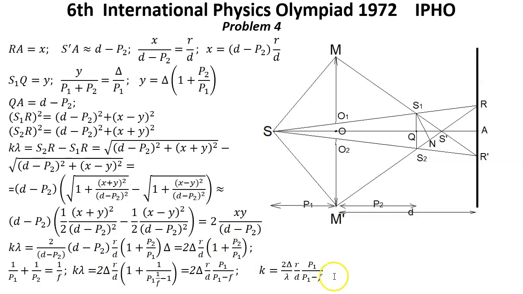Remember that k is just half of the fringes, and we didn't count zero interference. So it means that the total number n will be equal to k plus 1, which is this expression. That was the solution for the second question of problem number 4.